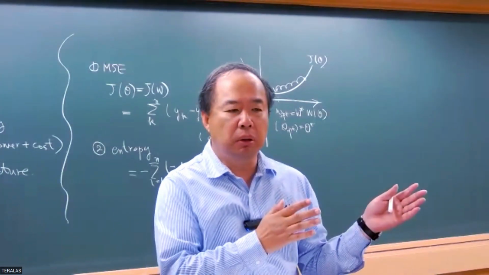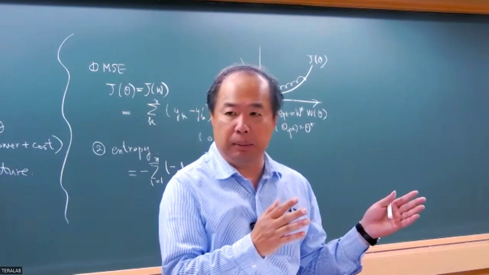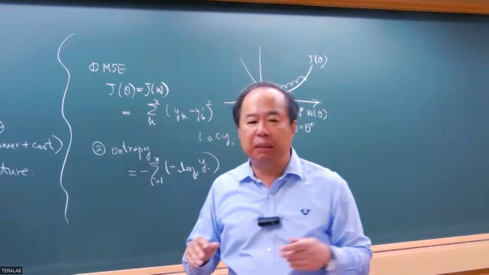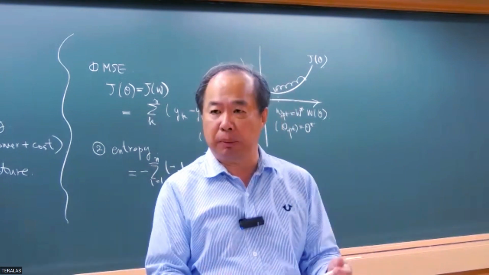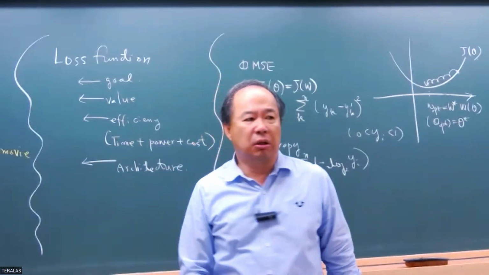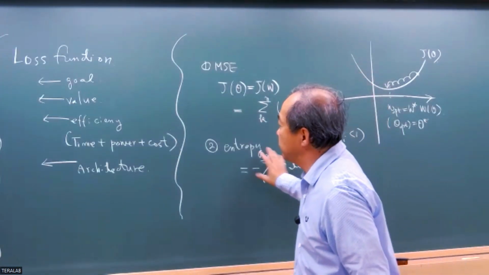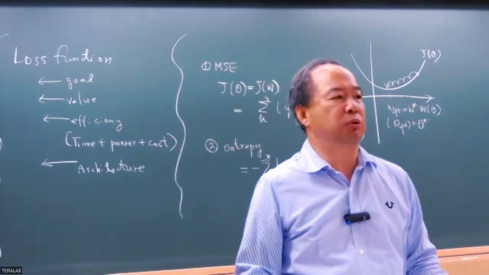Our GPU, a digital computer, also only deals with binary data. So if we have a large entropy, that means we need a huge computer or huge memory, and efficiency is going to be extremely low. And by using this entropy function, we put more value on separation rather than uniform distribution.